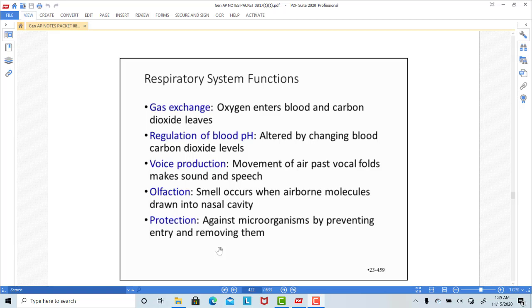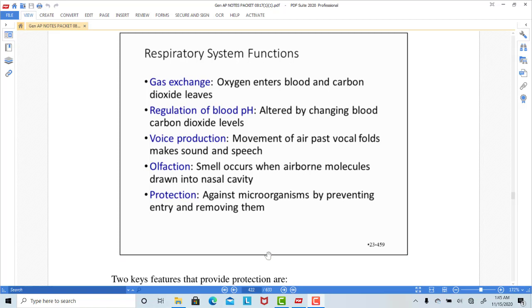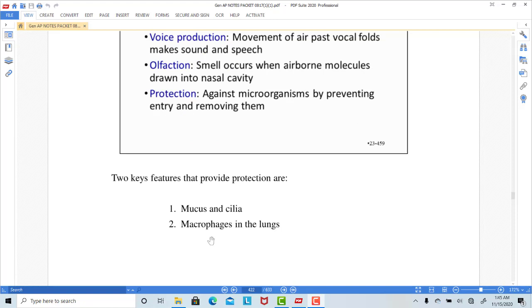And protection. The respiratory system protects us against infection by having certain features such as cilia and mucus that line the airways to prevent anything in the air from getting into the lungs and causing infection within the body. So lots of different important functions of the respiratory system.